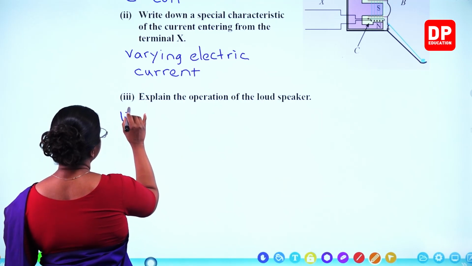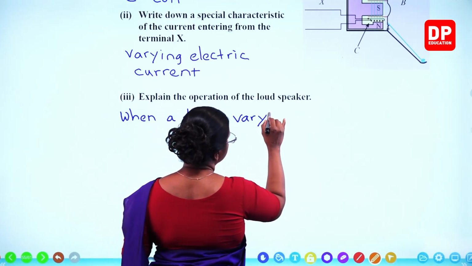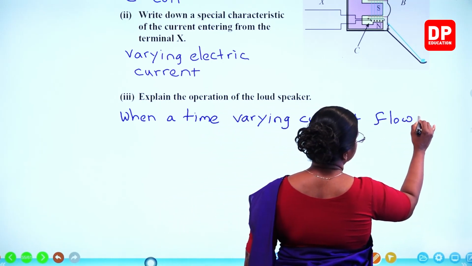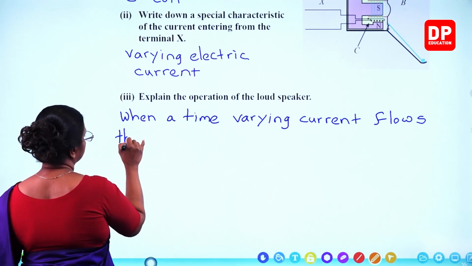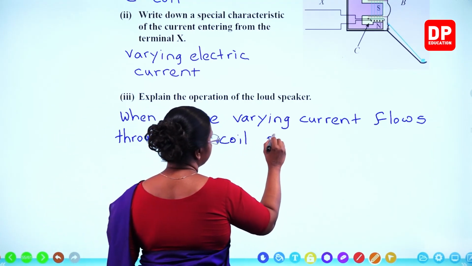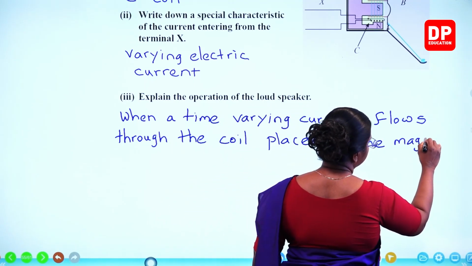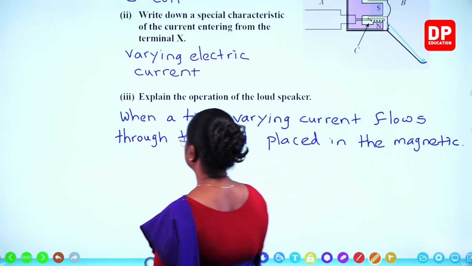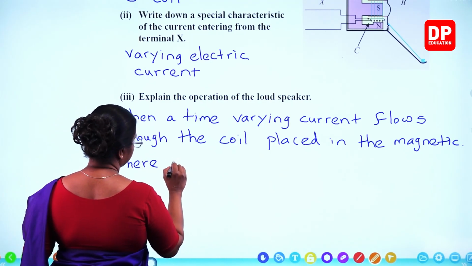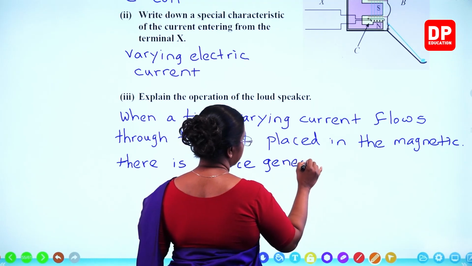So, here we can say when a time varying current flows through the coil placed in the magnetic field, there is force generated.